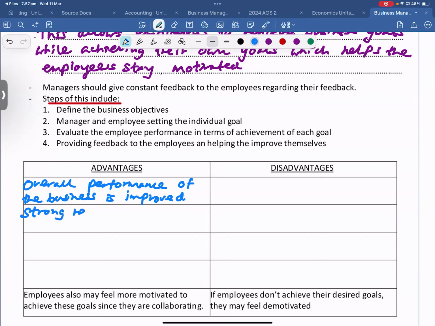Strong relationship between the employee and manager.